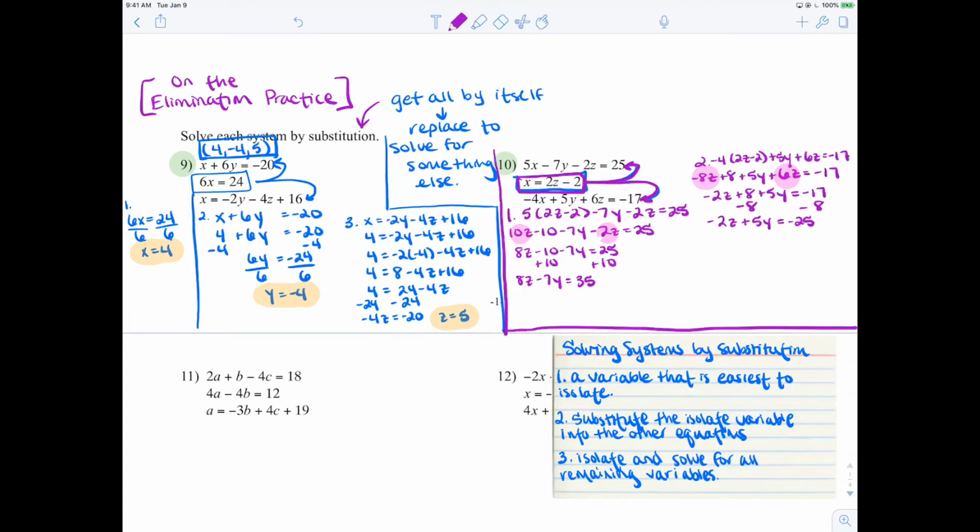And now we would add these two equations together that we've just found, and that's step number 3. Negative 2z plus 5y equals negative 25, and we will add it to 8z minus 7y equals 35.